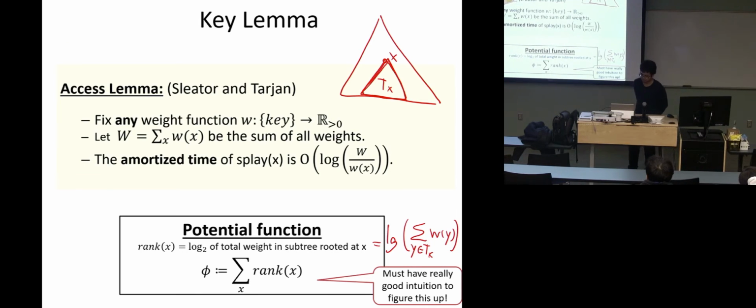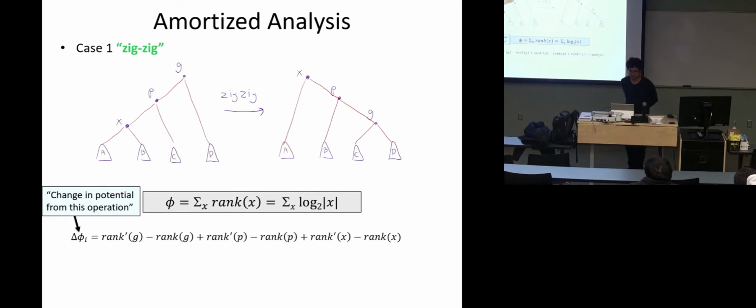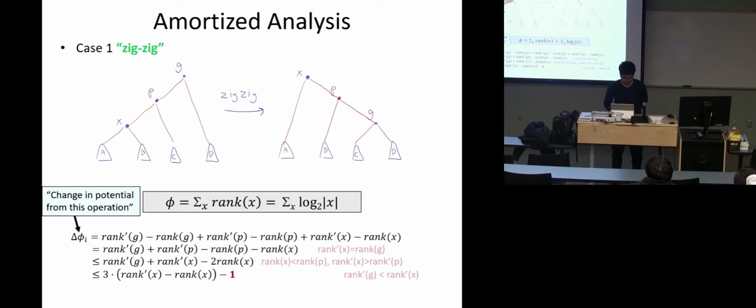I don't even know how they come up with this, but you will see that it works. Let's try to analyze it a bit. The first thing that I want to show is, when I do zig-zag, I want to analyze how the potential changes.